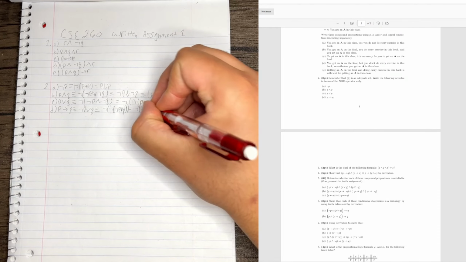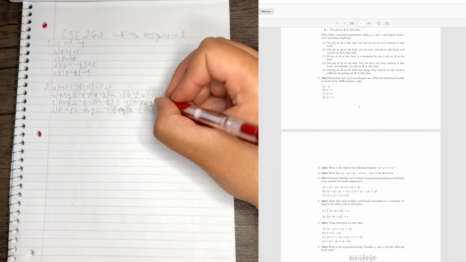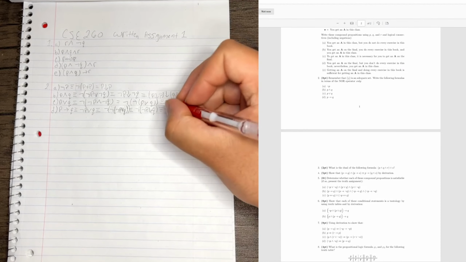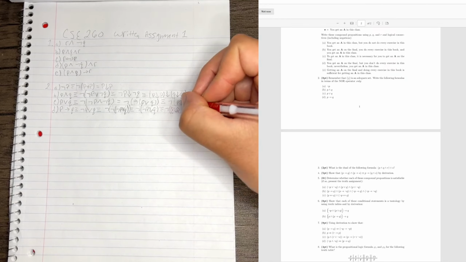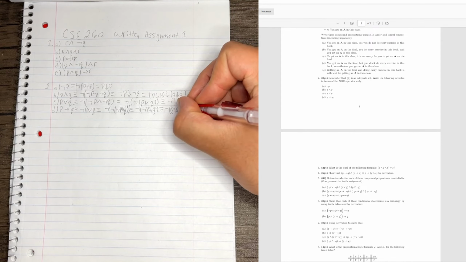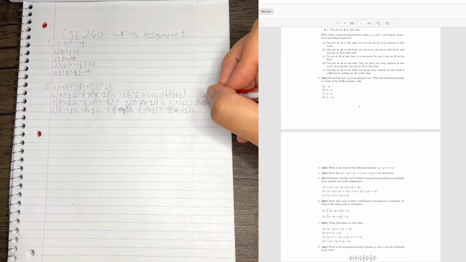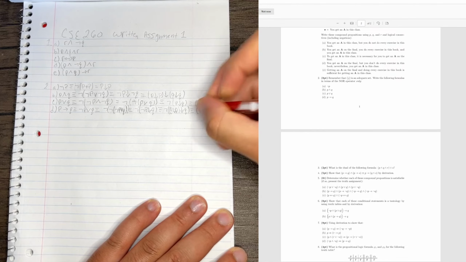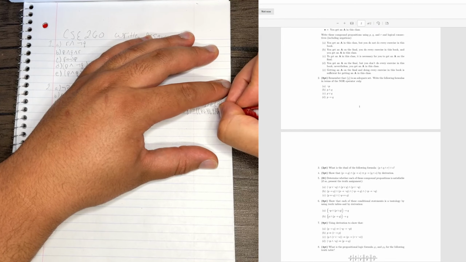So we have a not P nor Q, which is equivalent to, we'll do that not on the outside again, P, we'll do another thing, P, close that, nor Q, which is also equivalent to this exact same thing, P, Q, P.